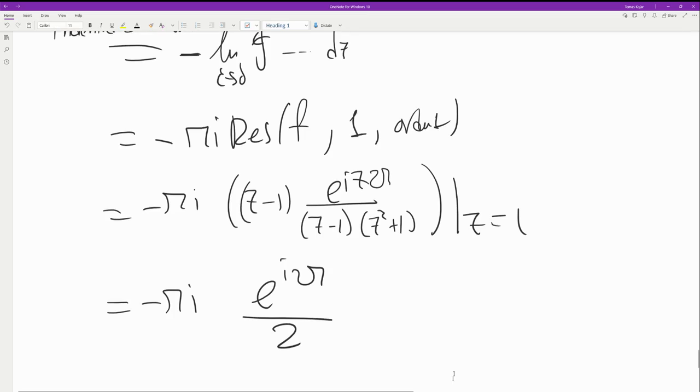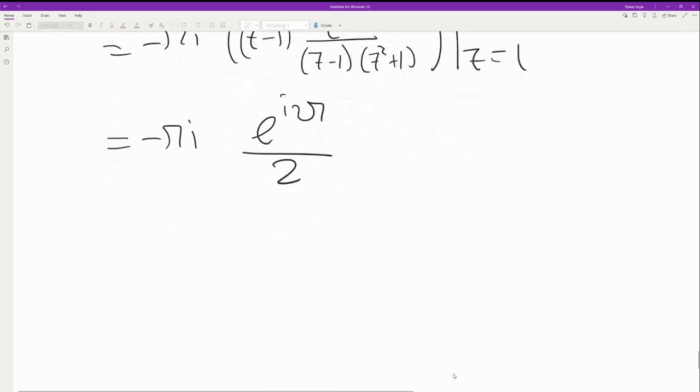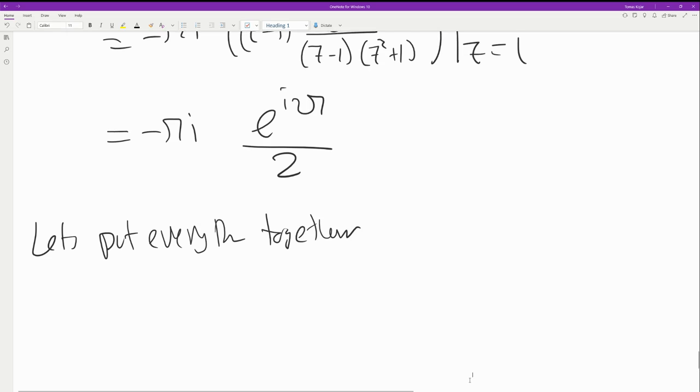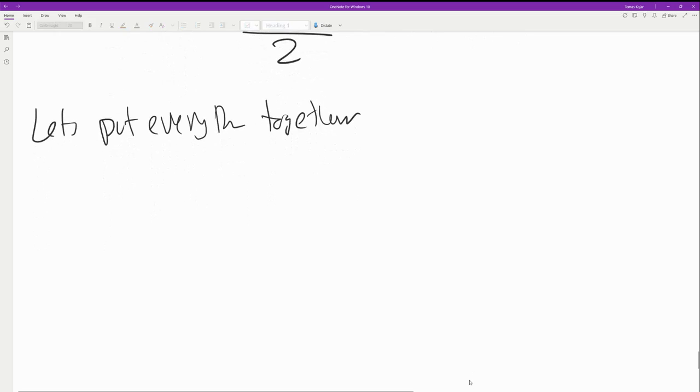All right, so now let's put everything together. And that's it. We did it in 4 minutes. You don't quite have to do this; you can just write the final answer. So we computed the integral of e to the i 2 pi z.